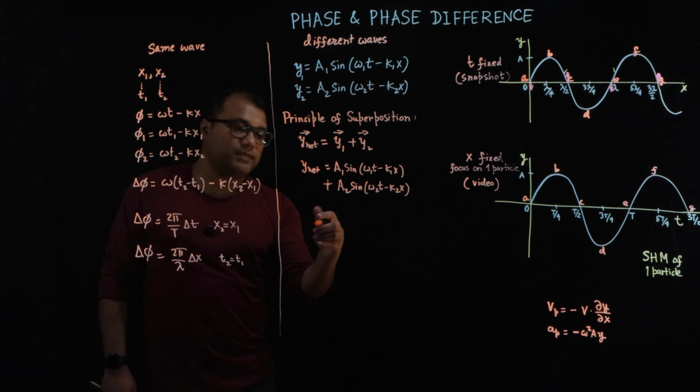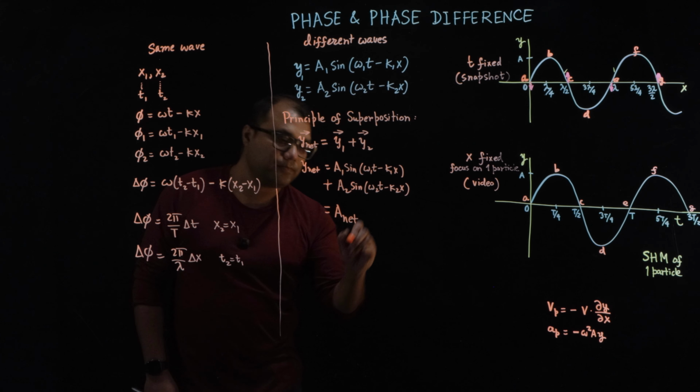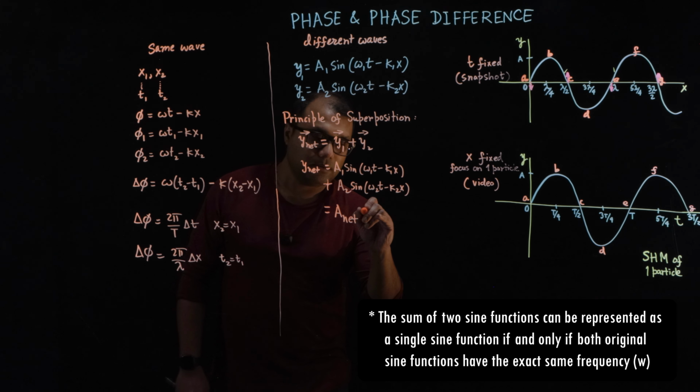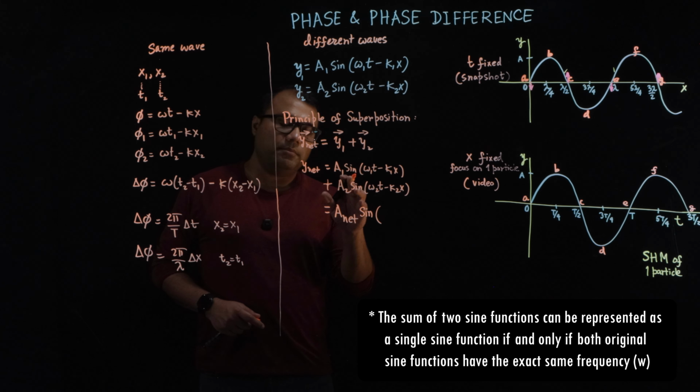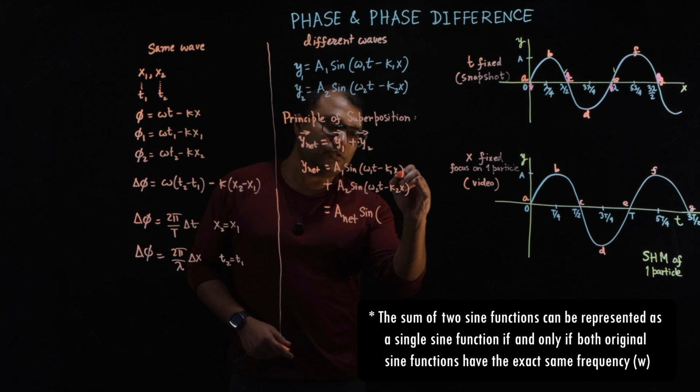If we can represent this as something like a net sine... here I made a mistake, x is no more a variable.